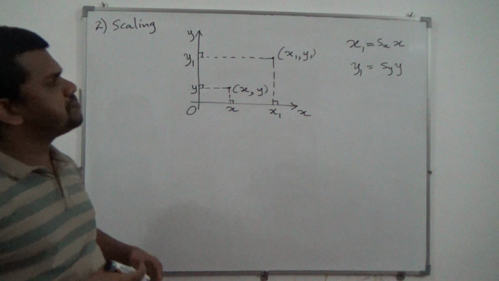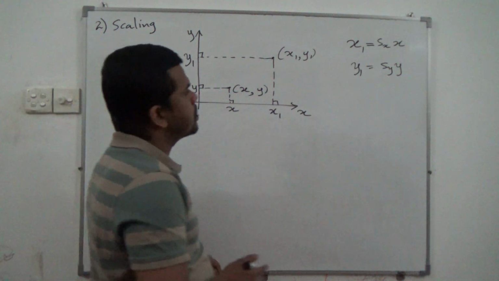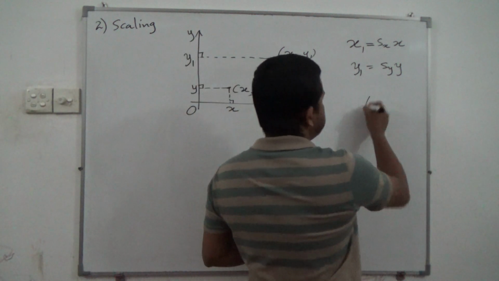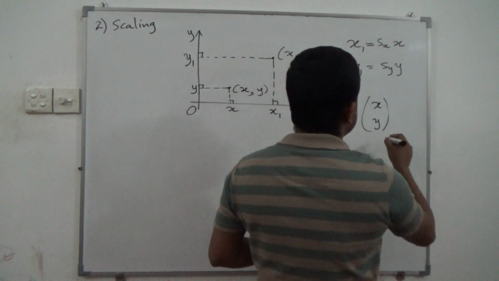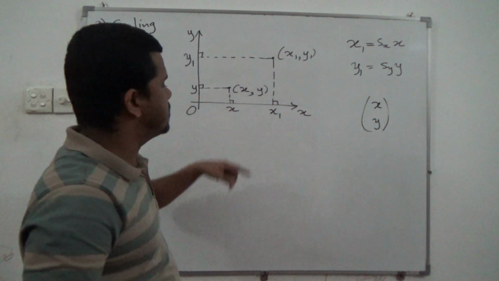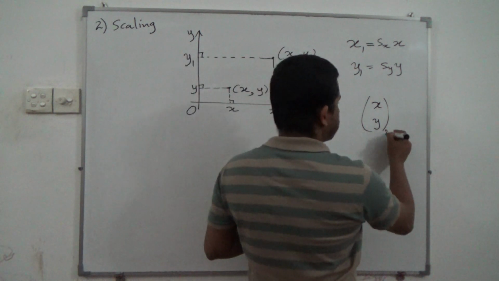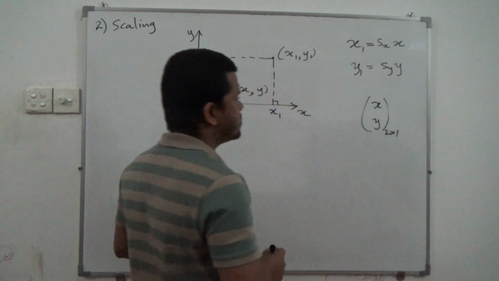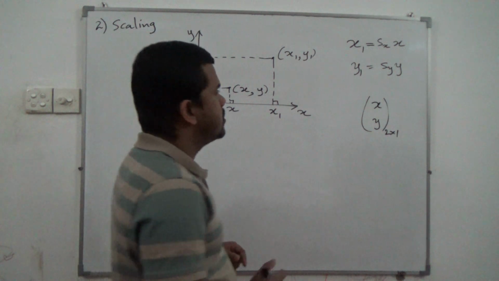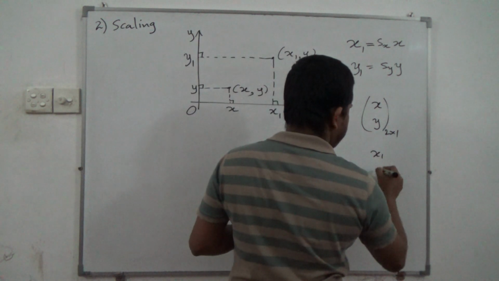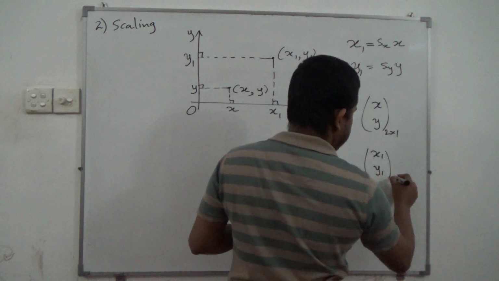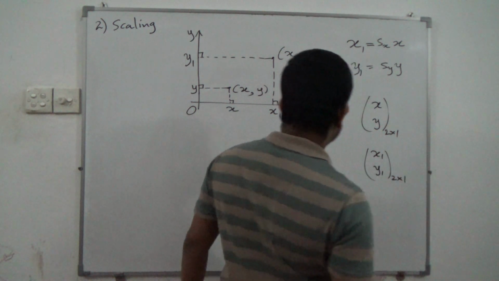So now let's represent this coordinate like this: a 2 cross 1 matrix. So now this one is x1 y1, 2 cross 1.